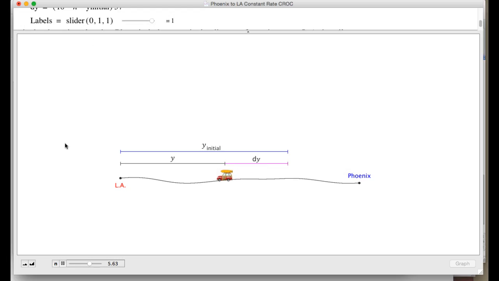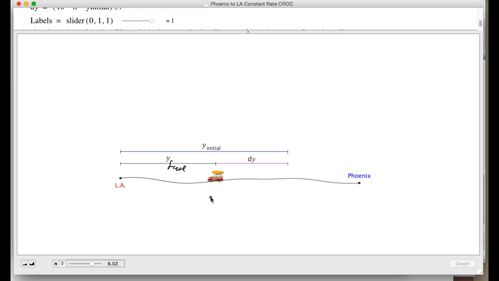Okay, so if I pause this at any given time, say I pause it right here. And now this variable y I'm thinking of as a single value of y. And what could we call that now? If I'm talking about starting from here, distance from LA is this much, and then to the point where the distance from LA is this much, now y final, right?